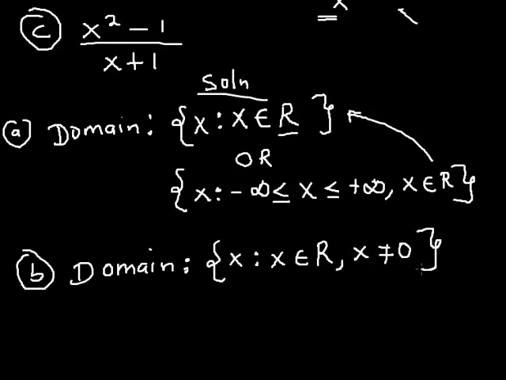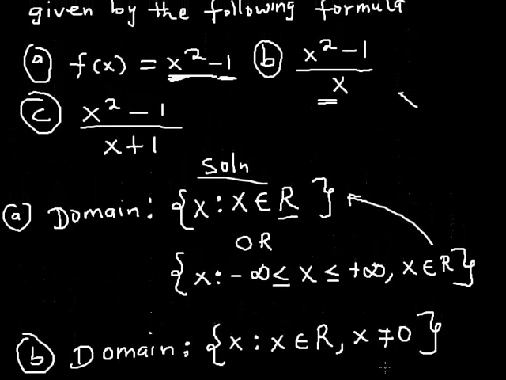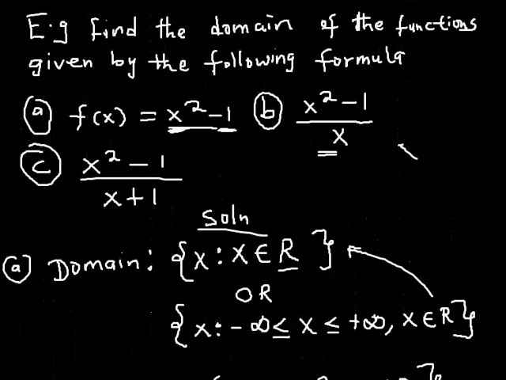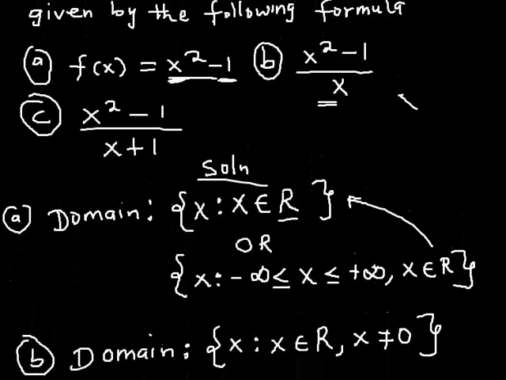That's exactly how you write it in exams. It is only when x is equal to 0 that I have to remove it from the set of my domain. I hope that is well understood.